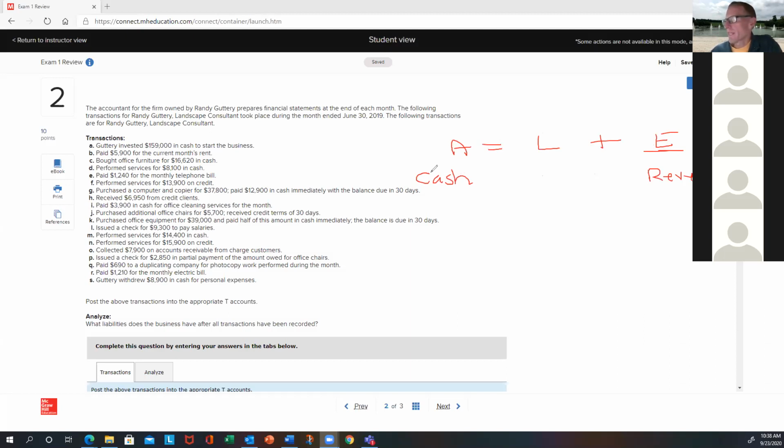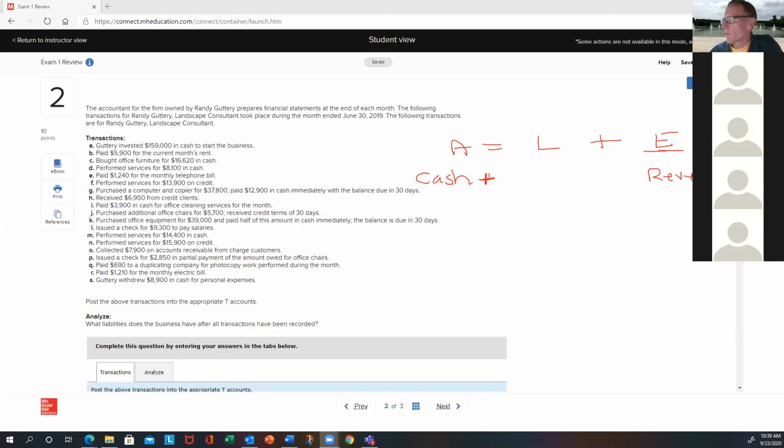So if I start with cash, and it says perform services for cash, everybody says cash should be doing what? Should it be increasing or should it be decreasing? Increasing. Does anybody have any questions about why that's increasing? Okay. And then what about revenue?